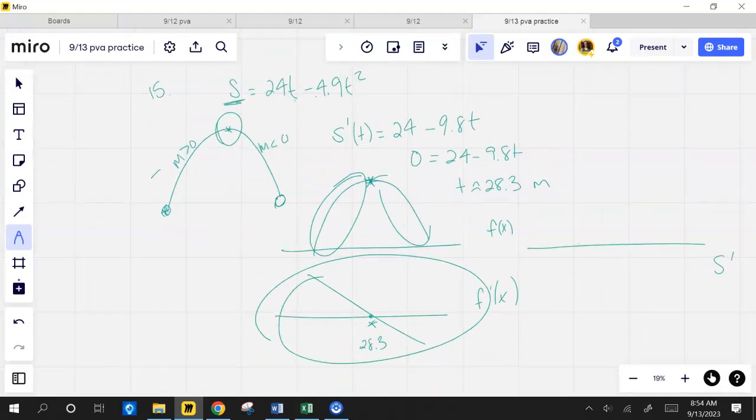If this is the derivative, it tells me what the function is doing. So the 0 happens at 29.3. The sign of the derivative less than 29.3, so this equation, is it positive or negative? Positive?